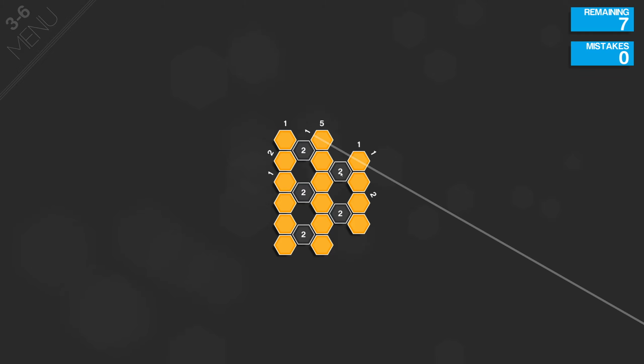And then this 2 needs 2. So where's the gap then? 2, 1, 2, 2, 1, 2, 2, 1, 2, 2, 1, 2, 2, 1, 2. There's 7 tiles, 5 in the middle, 1 on the left, 1 on the right.